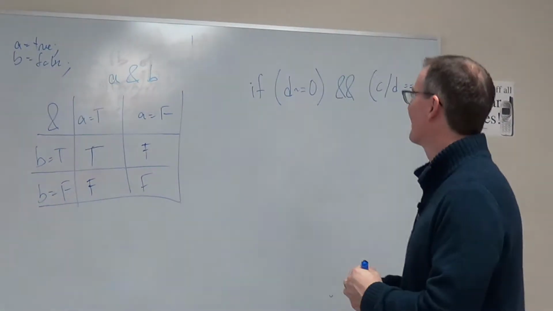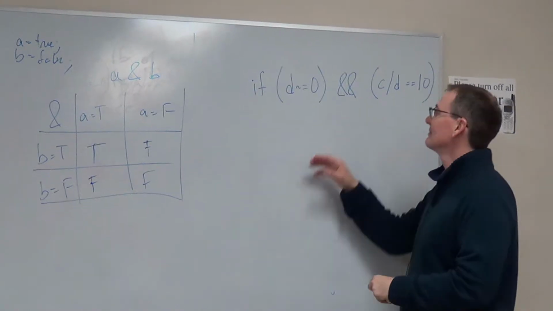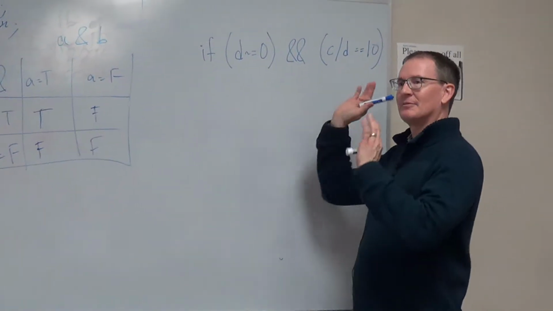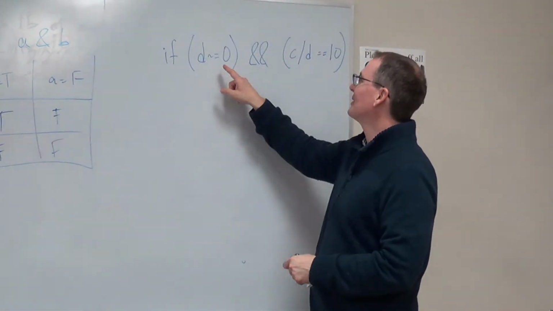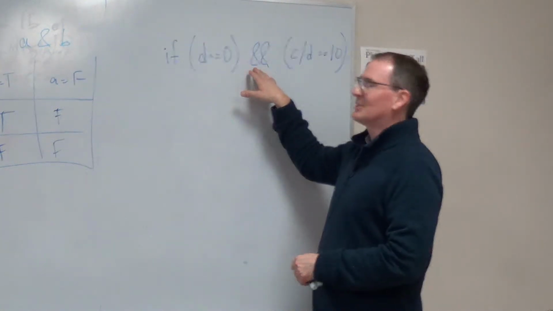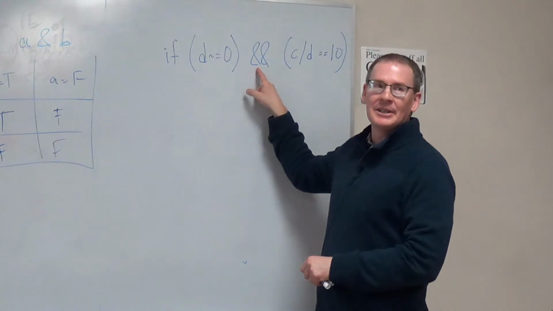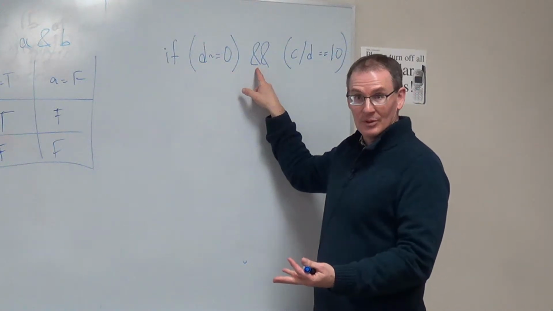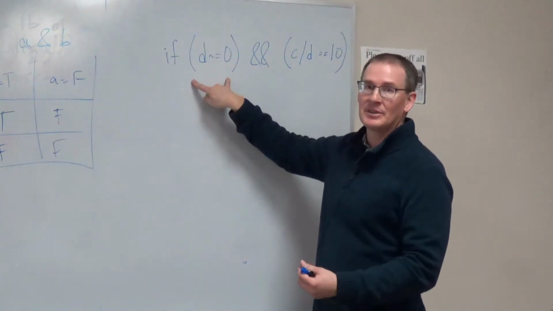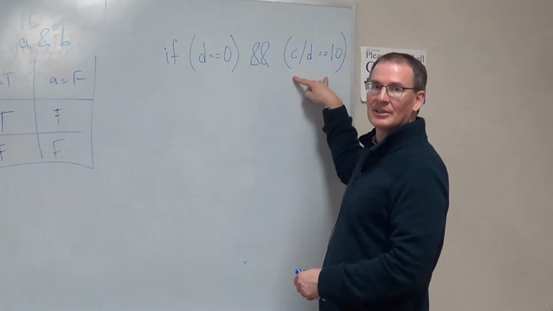Forget about the arithmetic operations. Let's just talk about short-circuiting. For an and to be true, what has to be true? Both this has to be true and this has to be true.